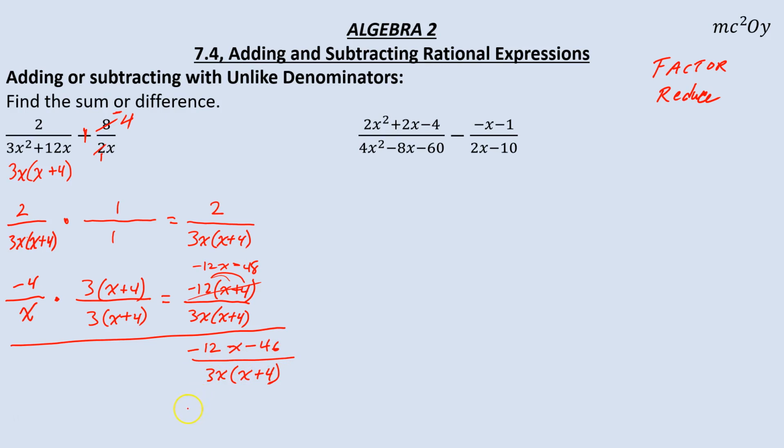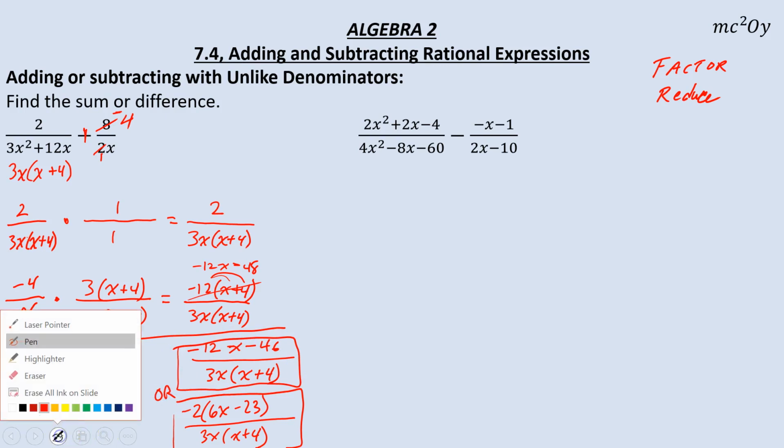So if you wanted to, you could take out a negative 2 and you get 6x minus 23. Okay. However, that's not going to help you much with the x plus 4 there and 3x on the bottom. You can't cancel anything. So either one of these is your solution.